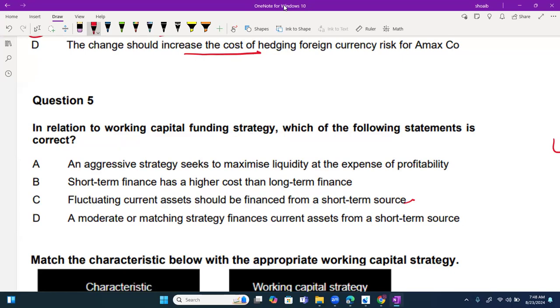No. Remember, let me answer every option. Aggressive strategy seeks to maximize profitability. They focus more on profitability. And conservative has more focus on liquidity. Short-term finance has a higher cost? No, long-term finance has a higher cost. A moderate or matching strategy finances current assets from short-term finance?